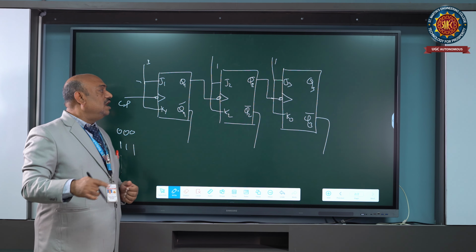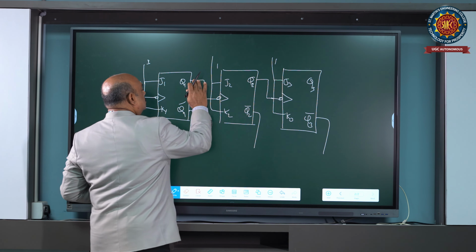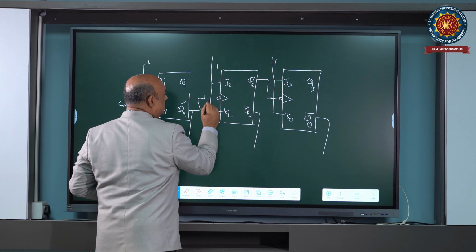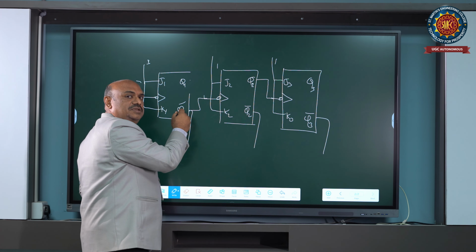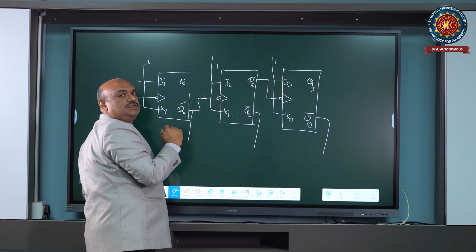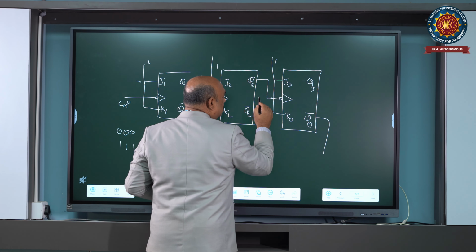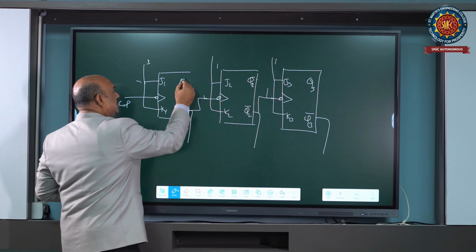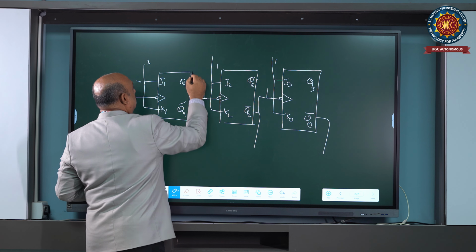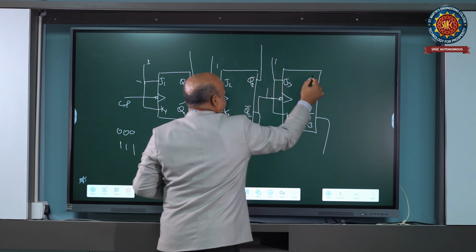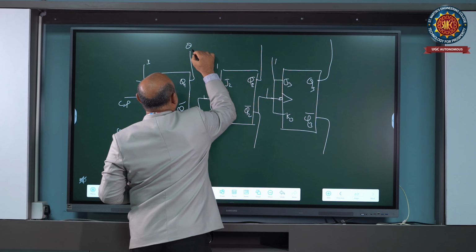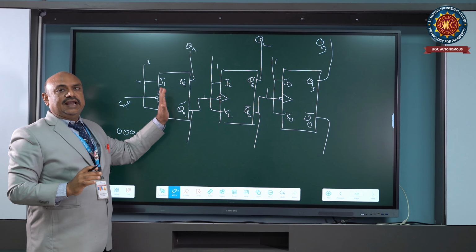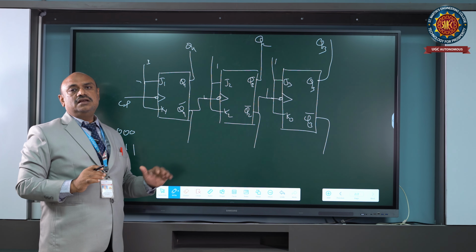Another method is, instead of connecting the clock from the true output, we connect it from the inverting terminal. The inverting terminal output is connected as the clock pulse to the next flip-flop, and the output is taken as it is from the original, true terminal. This is Q1, this one is Q2, this one is Q3. Output is taken as usual. Then this also works as a down counter.